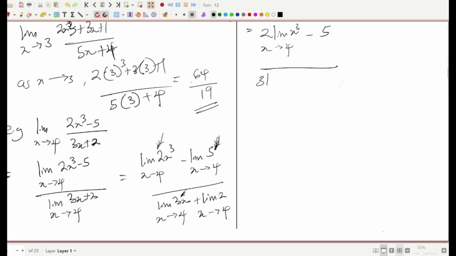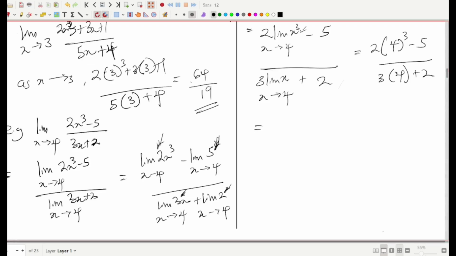So we have 3 times the limit of x as x approaches 4 plus, now we have the limit of a constant. The limit of a constant is a constant itself. So now for here we can do a direct substitution. So we have 2 multiplying 4 cubed minus 5 divided by 3 multiplying 4 plus 2.